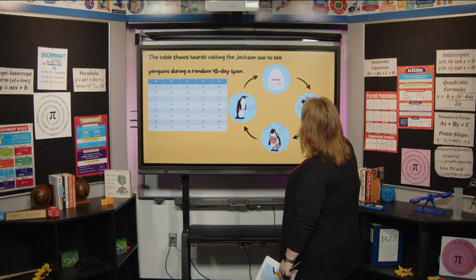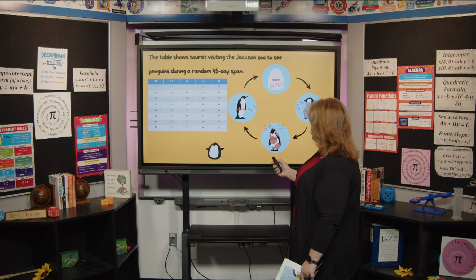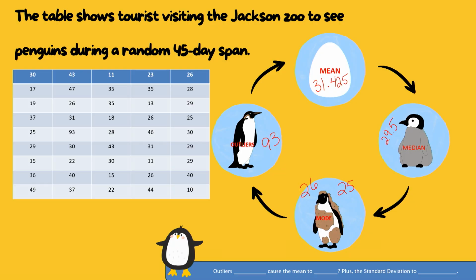So we've answered these questions. Let's see if we can answer Mr. Penguin's question. Outliers blank cause the mean to blank. So our outlier of 93 causes the mean to what? It decreases. My mean decreased here. Plus, our standard deviation did what?